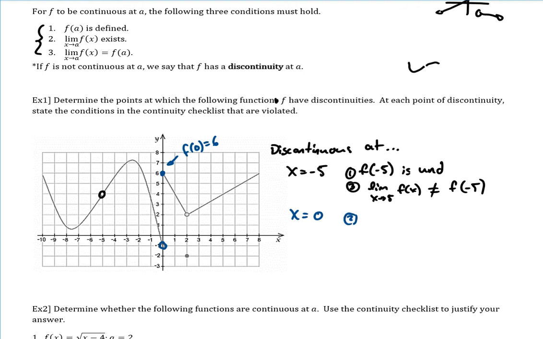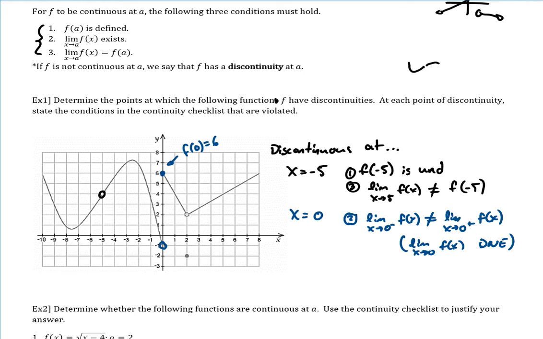So really, number 2, the limit from the left of 0, the little negative symbol, does not equal the limit from the right of 0, which means the limit as x goes to 0 of f of x does not exist.